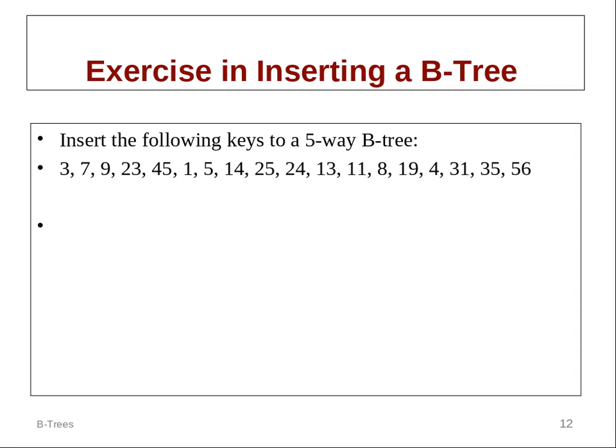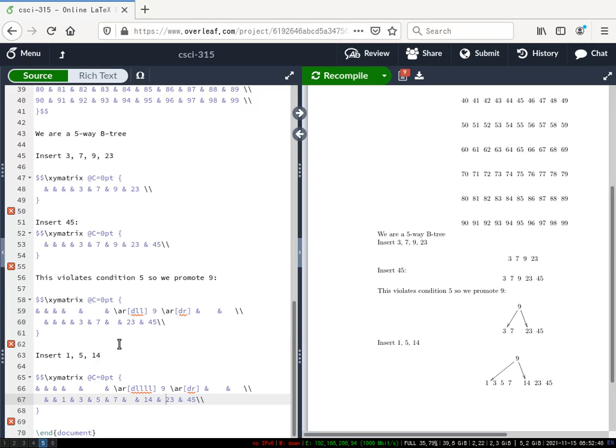What comes after 1, 5, 14? 25, 24. 25, and then 24 is where we're going to have problems. All right, where does the 24 go? Right there. After the 23, or the 25, yeah.